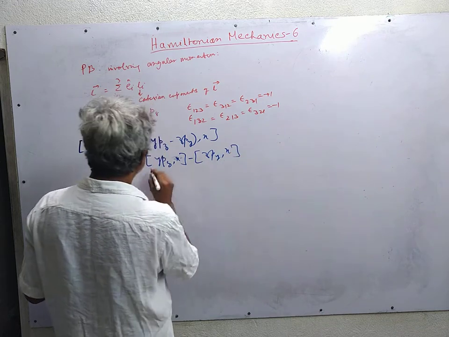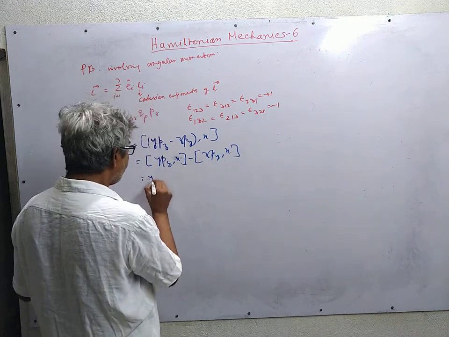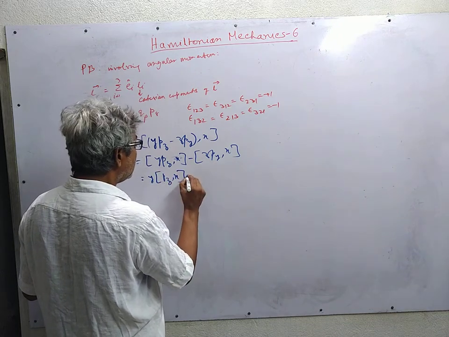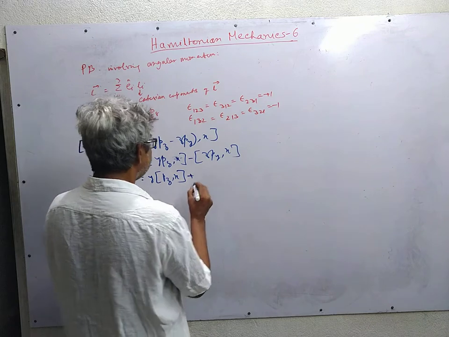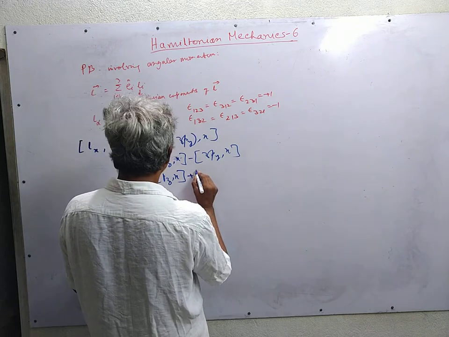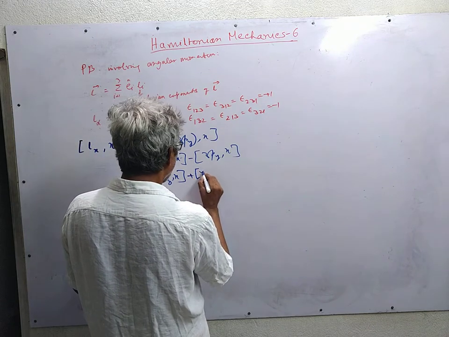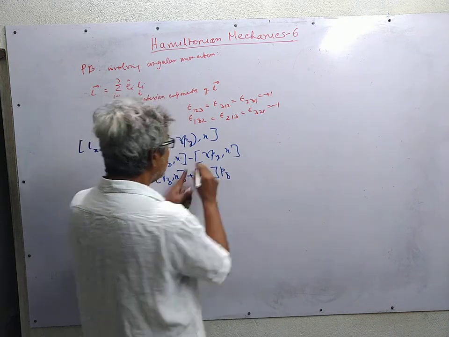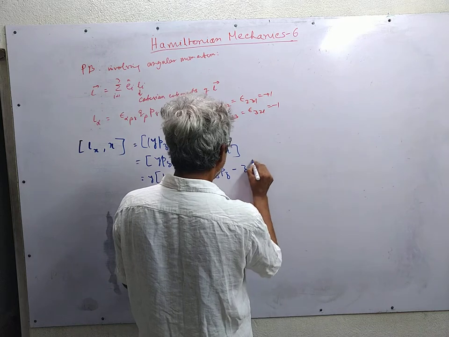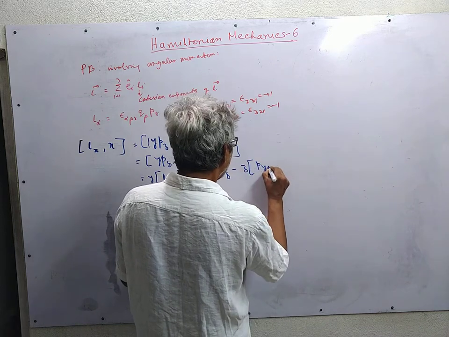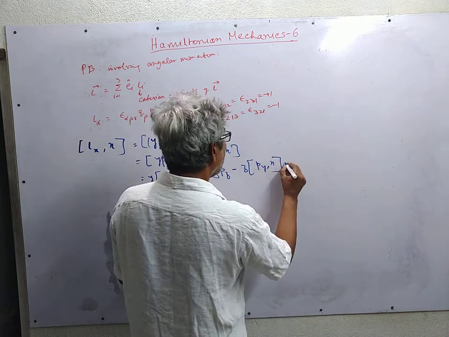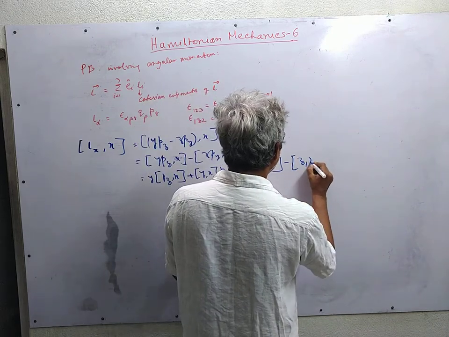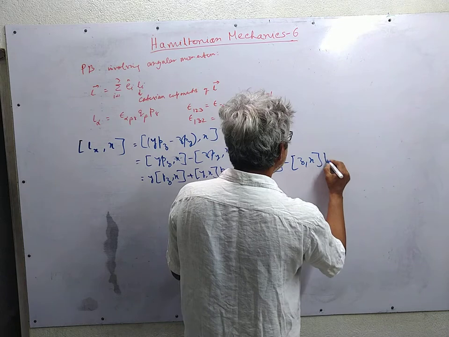This is split into y [p_z, x] plus [y, x] p_z, then minus z [p_y, x] minus [z, x] p_y.